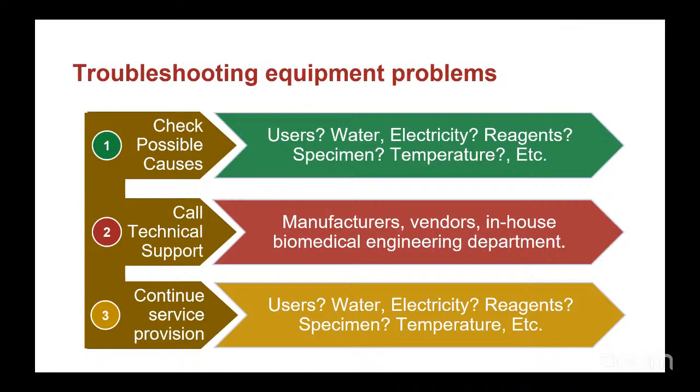And one thing that can also help you in troubleshooting equipment is to have an equipment error log. The equipment error log helps you to document every error that occurs within an equipment and what was done to clear that error. You need to document it so that in case another lab personnel is there and such an error happens, all he or she needs to do is go to the equipment error log and check if there have been similar equipment errors, and he or she will see what was done.